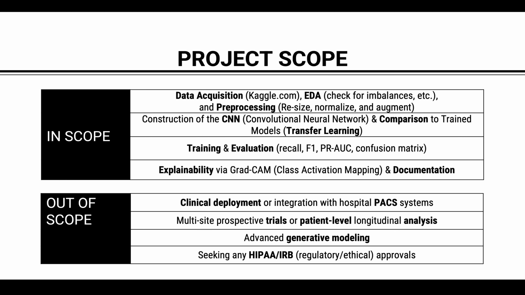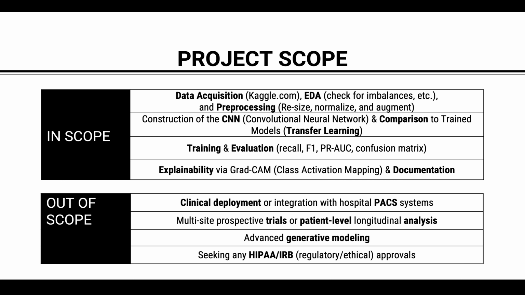The training and evaluation will focus on classification metrics such as recall, F1 score, PRAUC, and confusion matrix. For explainability, I will apply GradCam visualizations to ensure that the model is learning from the correct regions of the lung, and I will carefully document all steps to ensure reproducibility.